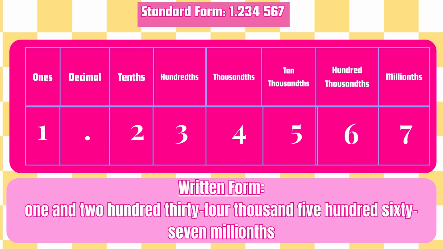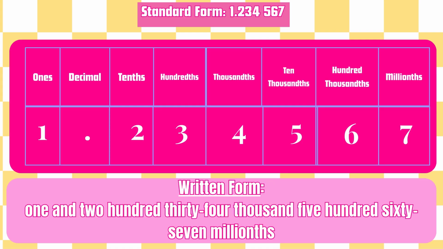Let's work with the number 1.234567. This number has 6 places after the decimal point, taking us all the way to the millionths place. To say this number in words, we would say 1 and 234,567 millionths.